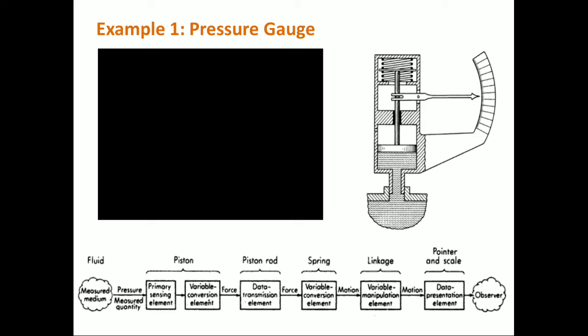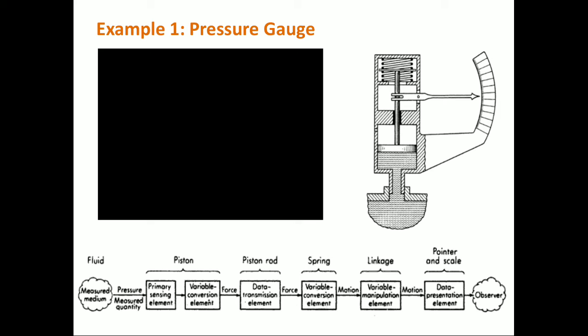When the piston moves, that linkage is pivoted on a position. When there is a slight movement in the piston, that will produce a corresponding variation in the pointer or scale. That variation will be proportional to the pressure applied on the piston, that is the pressure available in the liquid.